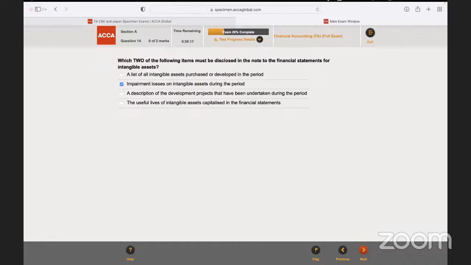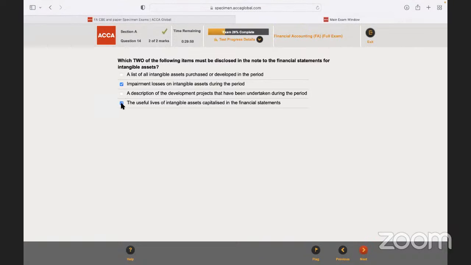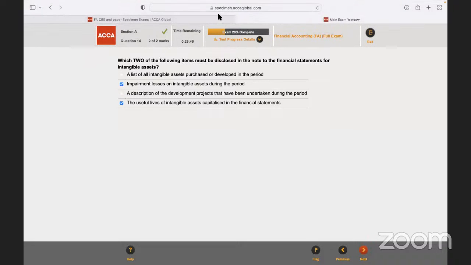Then, a list of intangible assets purchased and developed during the period. Also, you have to show the useful life of the assets. These are the two correct answers. All you should do is, after every chapter of an accounting standard, there's an area called disclosure. You just have to go through that part to pick up this answer.